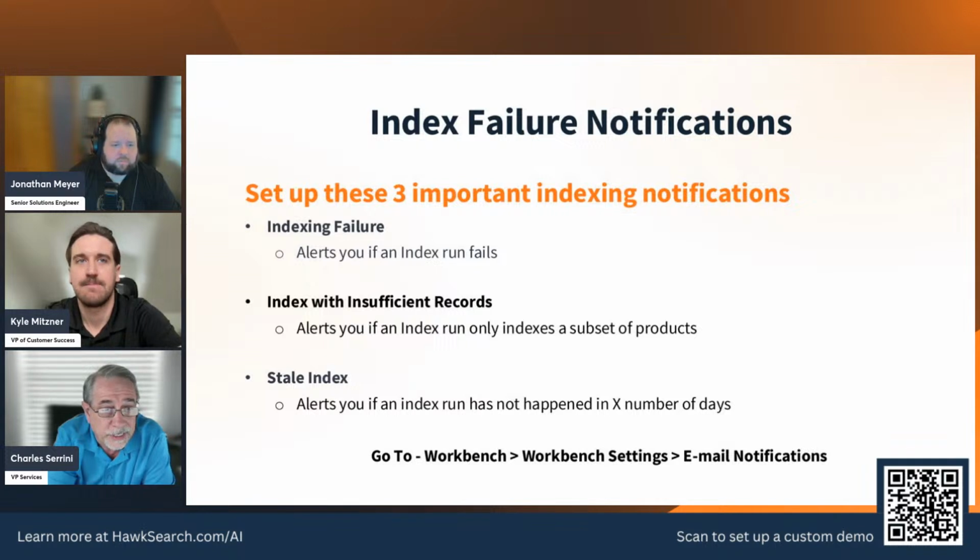The second one, index with insufficient records. Maybe your index has completed successfully, so you won't get the first alert, but you'll get one if you only have a subset of records. Say you have 50,000 products in your data set, the index runs, and it only indexes 3 or 4 or 10 of them. You want to know that, because then something has gone wrong and I need to take action to find out what's happened.